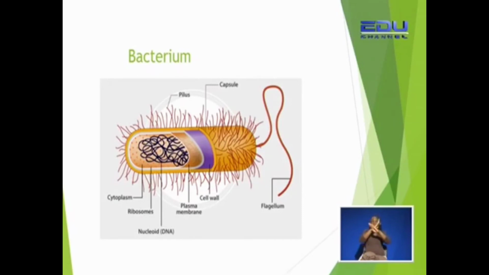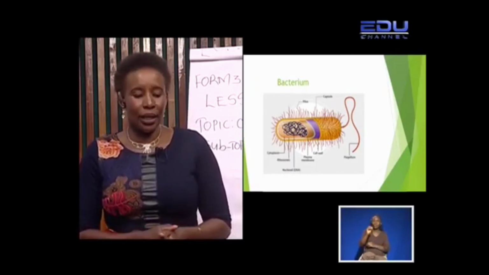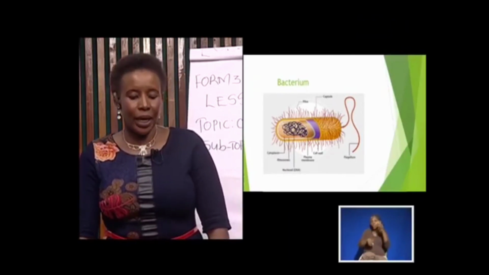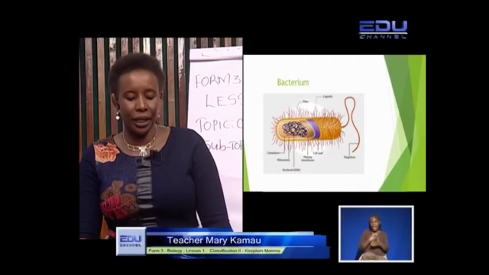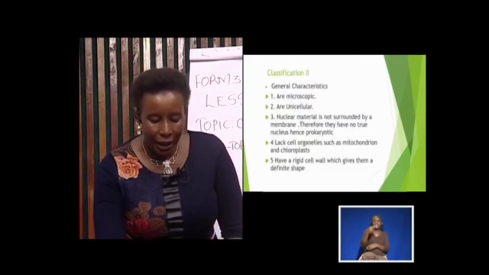This cell wall is different from the cell wall that is found in plant cells, in that the cell wall found in plant cells is made up of cellulose, but the cell wall found in a bacterium is made up of mucoprotein, and this cell wall gives the bacterium a definite shape, just as it does in plants.